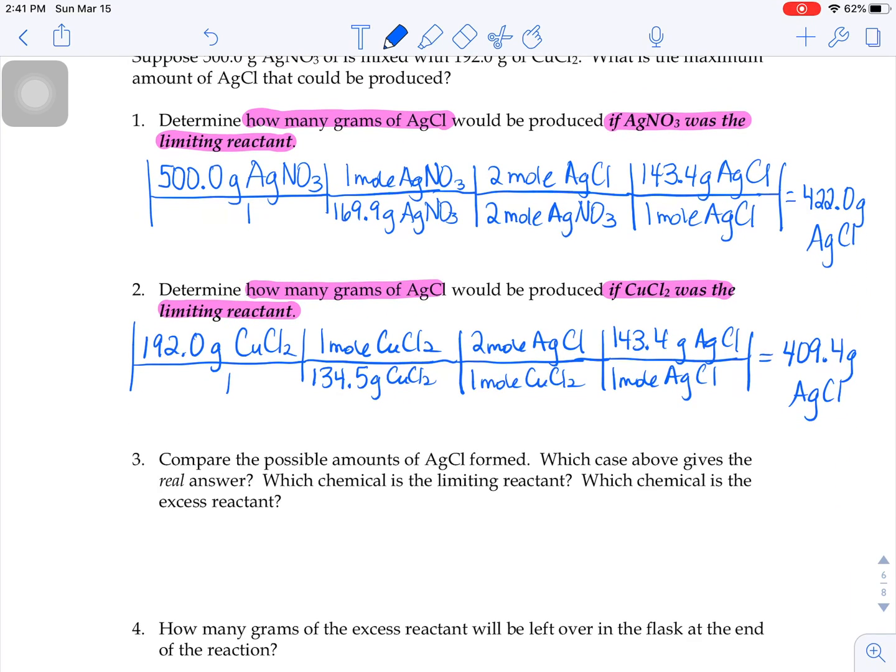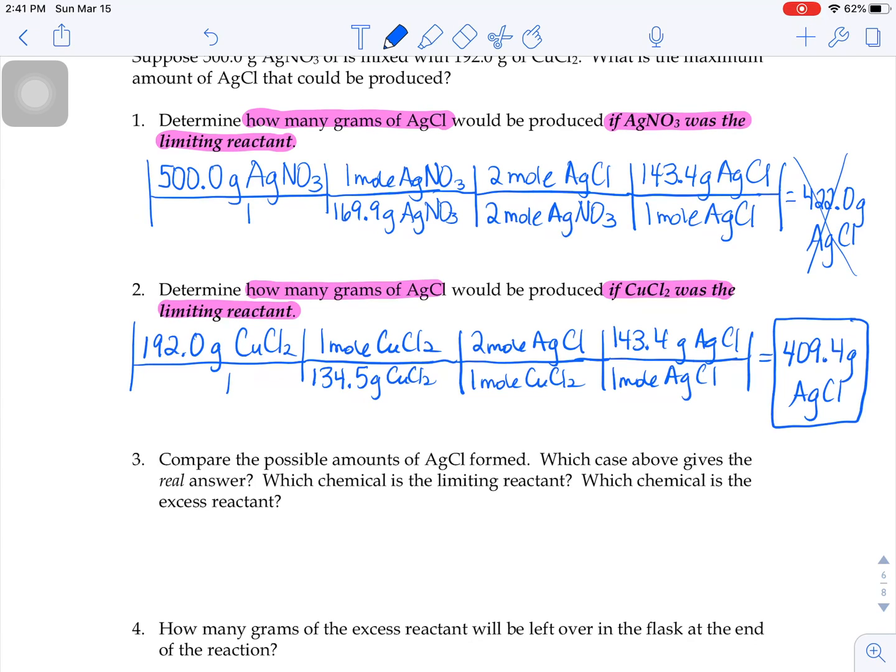Step 3 tells us to compare the possible amounts of silver chloride formed, which case gives the real answer. Which one's the limiting reactant, the excess reactant. We learned during our limiting reactant demo that the smaller answer is always the right answer. So between 422 and 409.4, 409.4 is the real answer. 422 is fake.